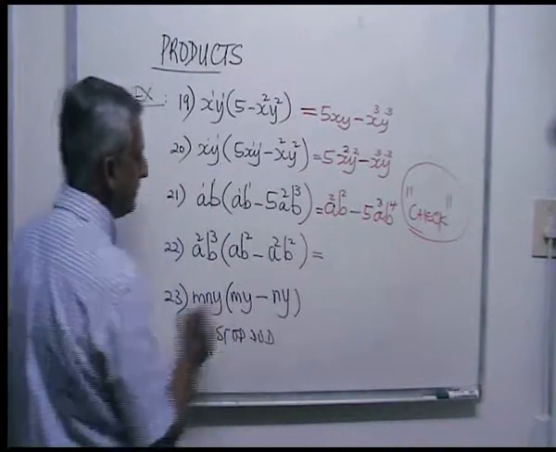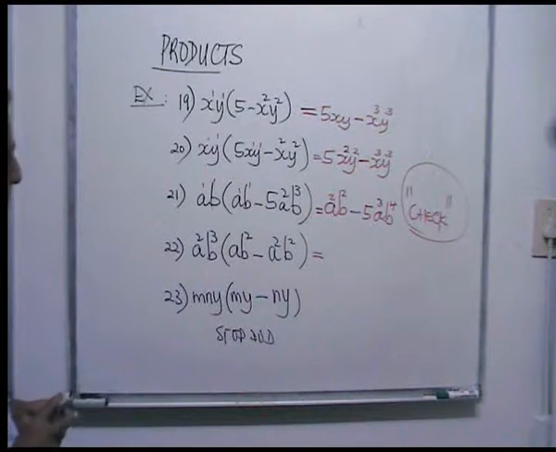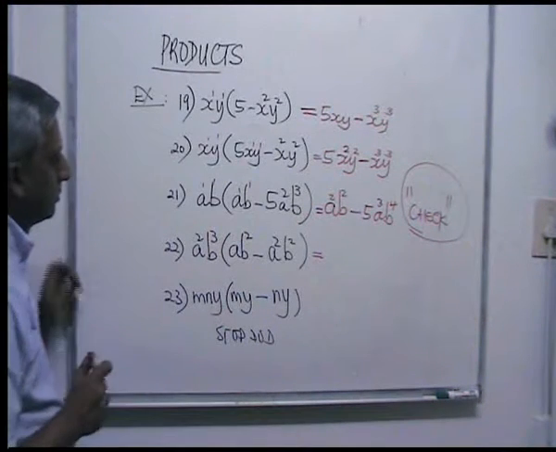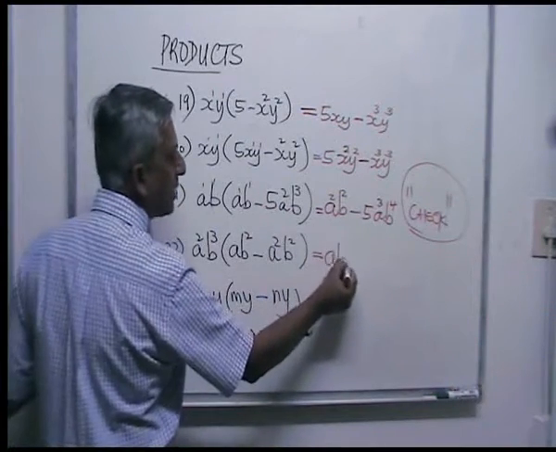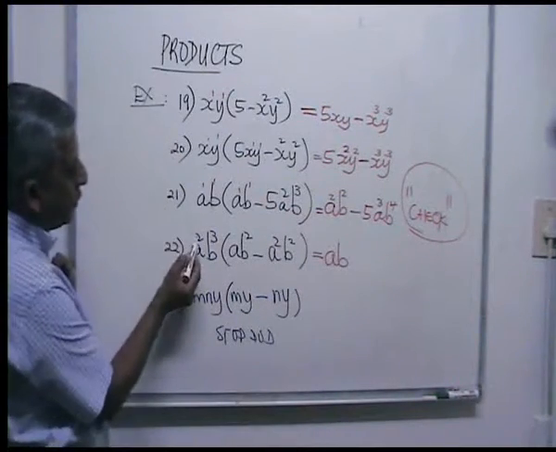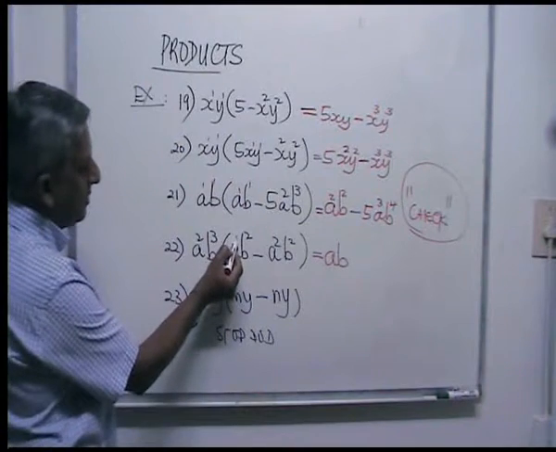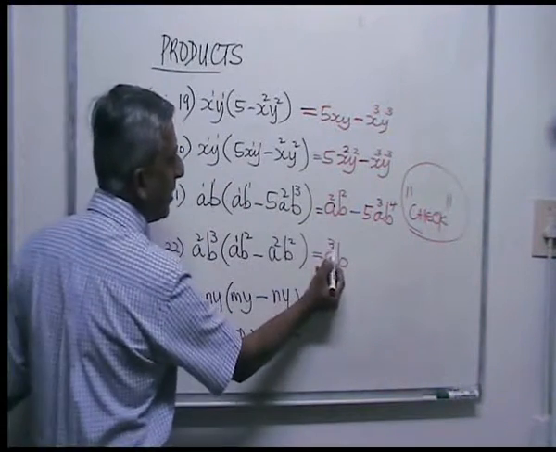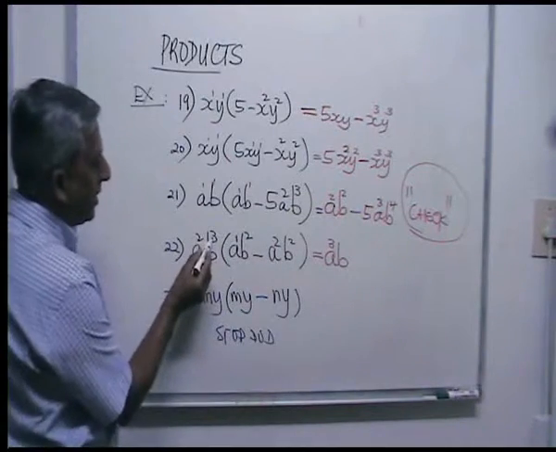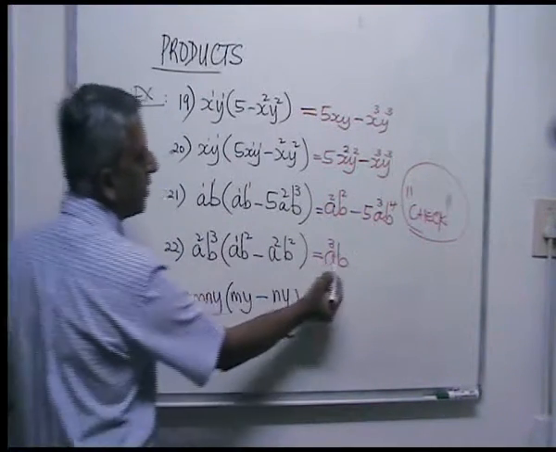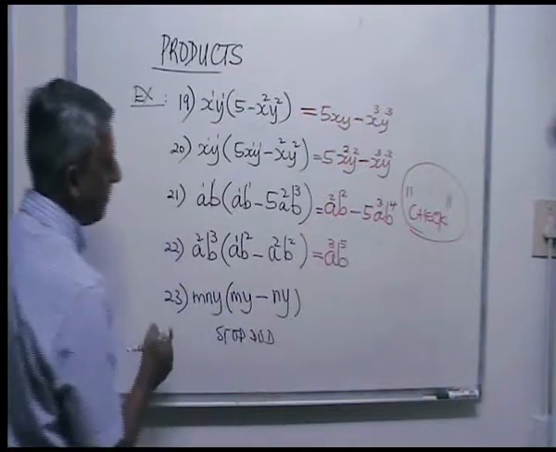Now, AB, AB. So I'll just write down the common base once. 2 plus this 1 gives me 3. Check. 2 plus this 1 gives me 3. 3 plus 2 gives me 5.